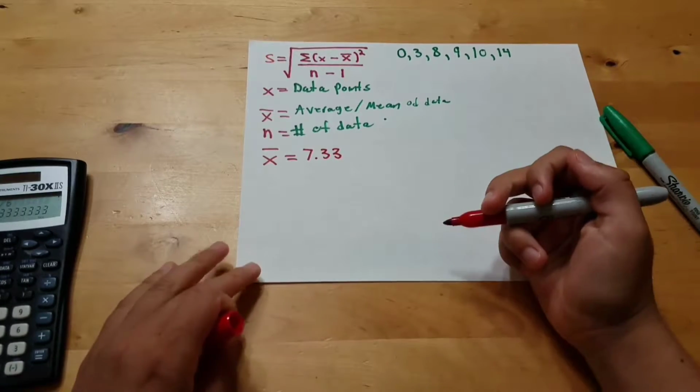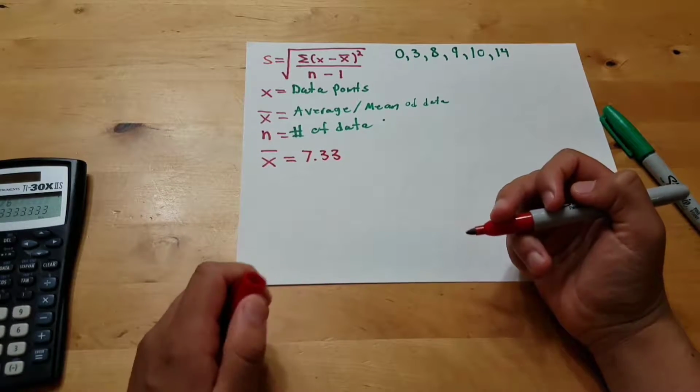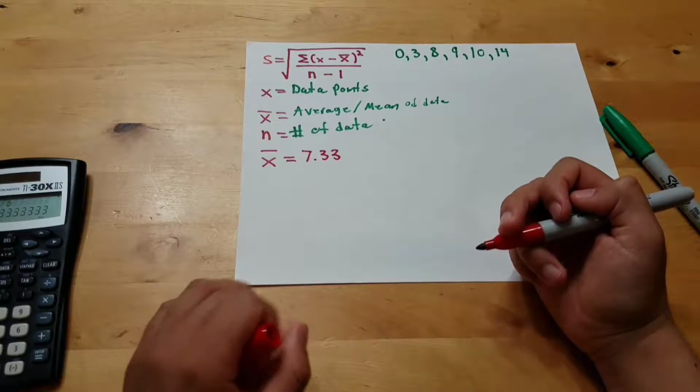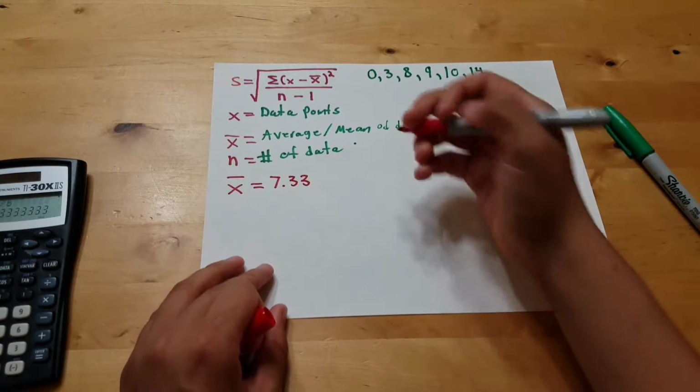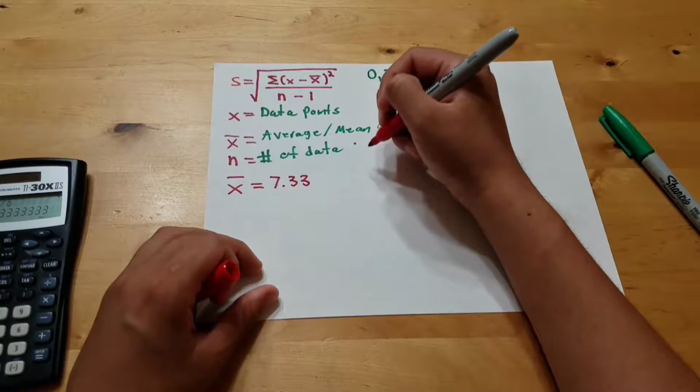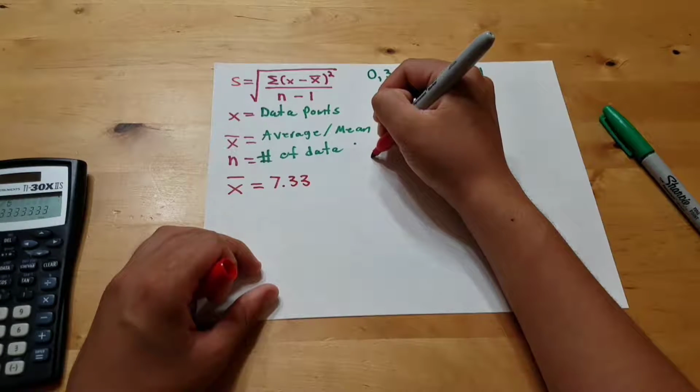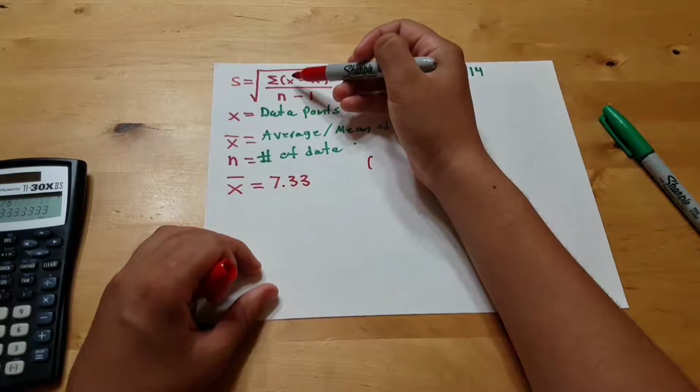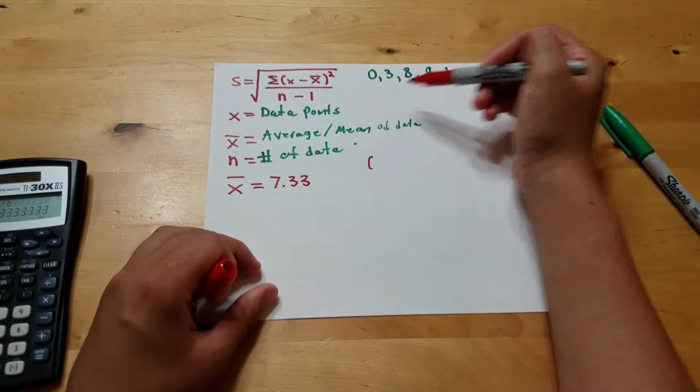Alright, now that we know that, it's time to get into this portion of the equation. For me, I like writing everything out. If you're more of a mental person, that's fine, but you're more likely to make mistakes. So what you do: we know x are the data points.